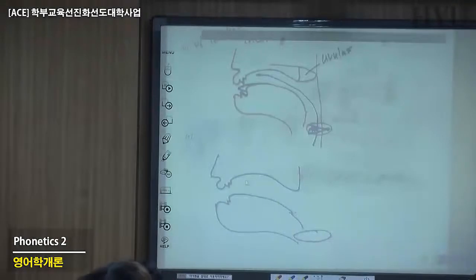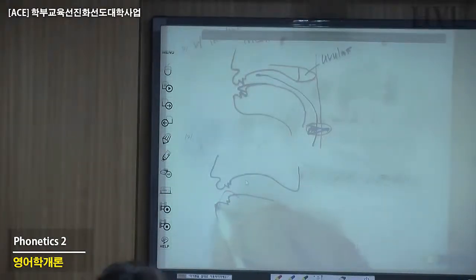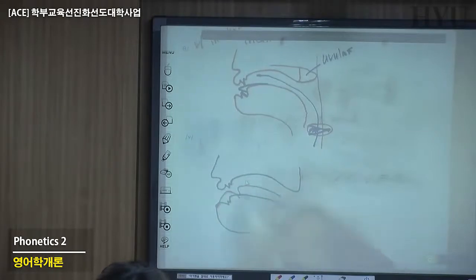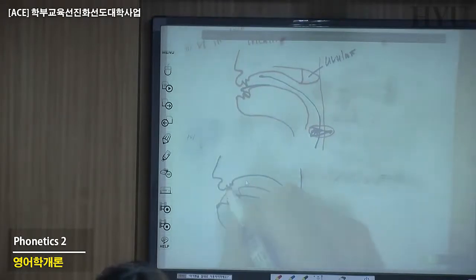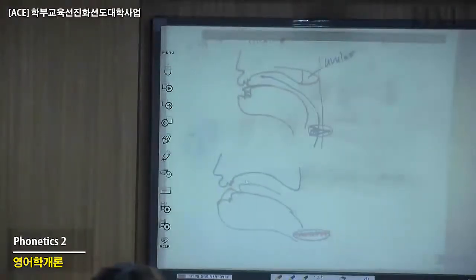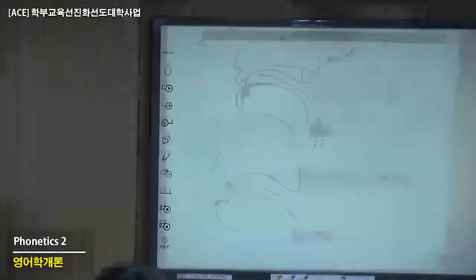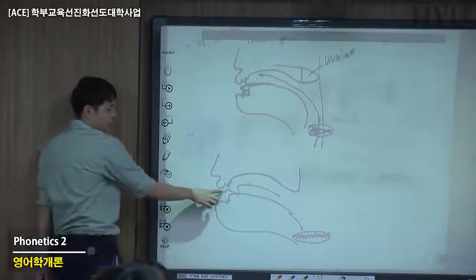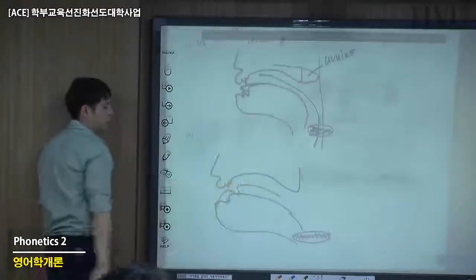So the lower lip will have to move up to here, and then the tongue will be here against the upper teeth, like that, right? And the vocal cords here will be vibrating, like that. So the lower lip is here, and the tongue is there, like that.